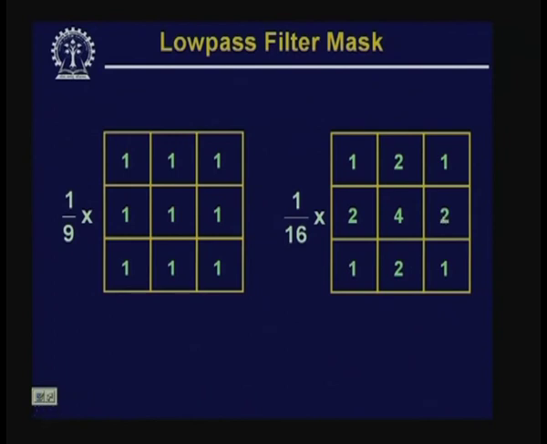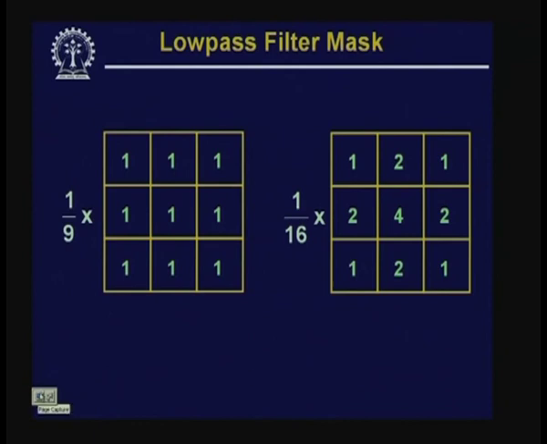And we have already said that if the frequency domain filter becomes very narrow, it will attenuate even the low frequency components, leading to a blurring effect of the processed image. Correspondingly, in the spatial domain, the mask size will be larger, and we have seen through our results that if I use a larger mask size for the smoothing operation, then the image gets more and more blurred.